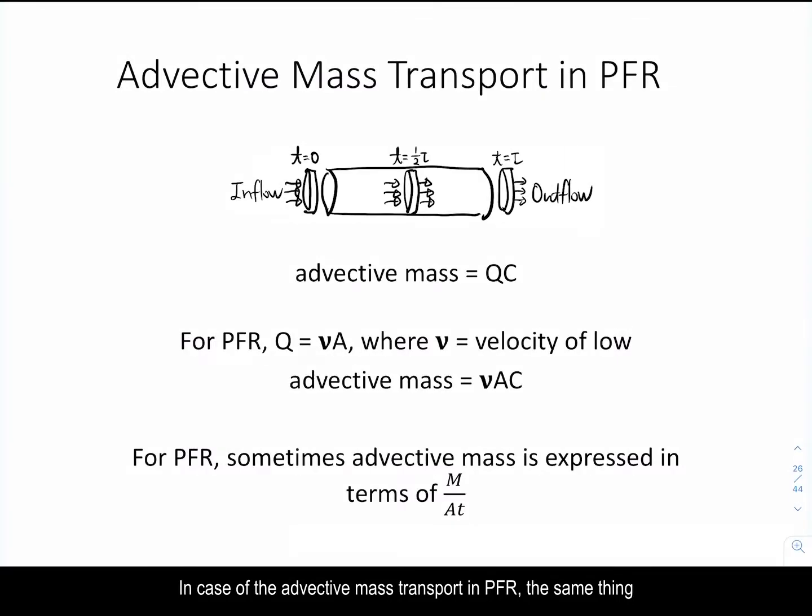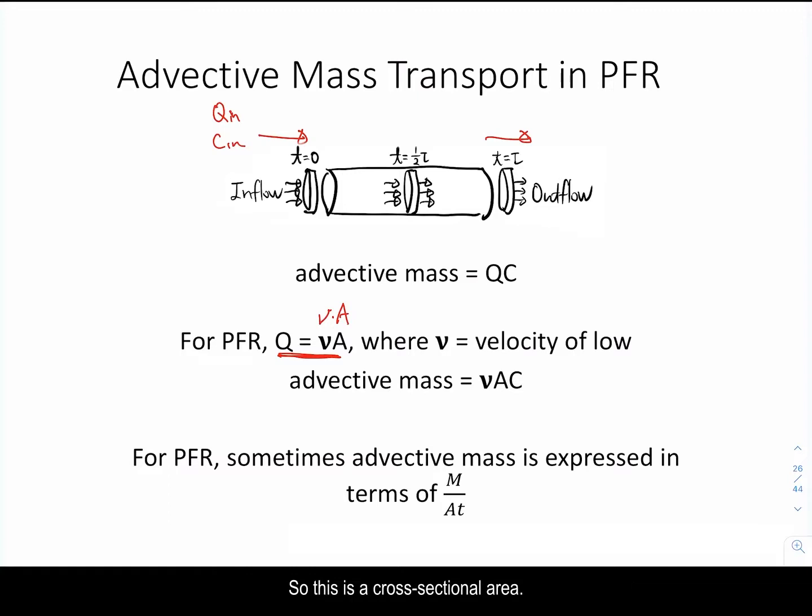In case of the advective mass transport in PFR, the same thing. There will be QC flowing in, Q in, C in, and so on. And for the PFR, Q is actually velocity times the cross-sectional area. So this is the cross-sectional area, and then how much it's flowing is the velocity.